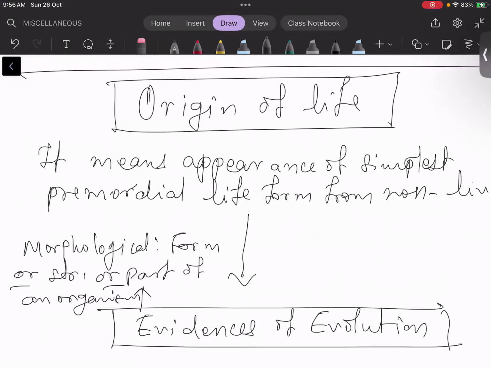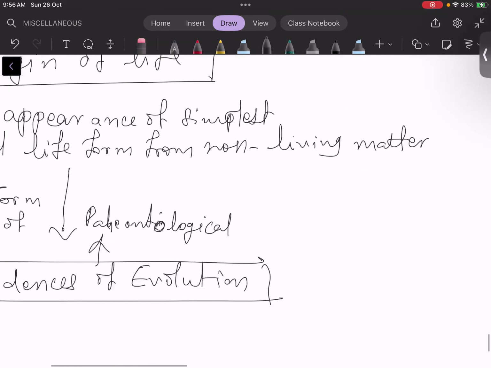Then paleontological evidences. Second, paleontological evidences. Of course, there are two types.